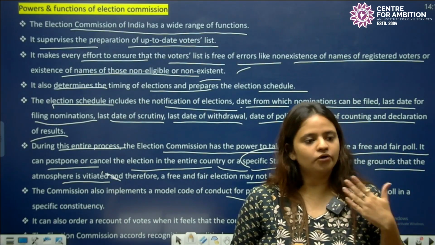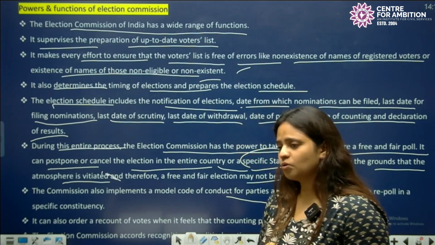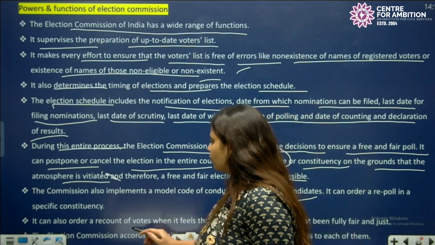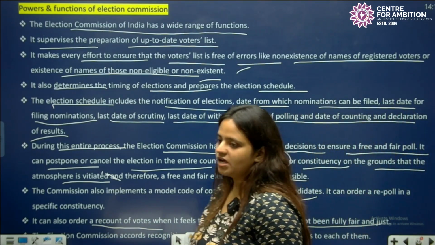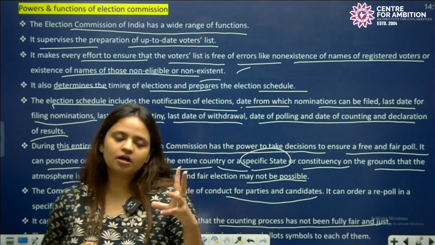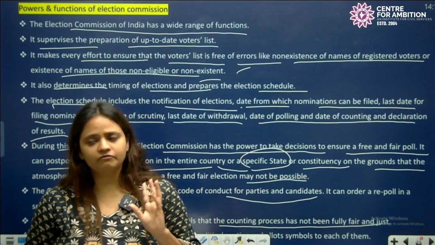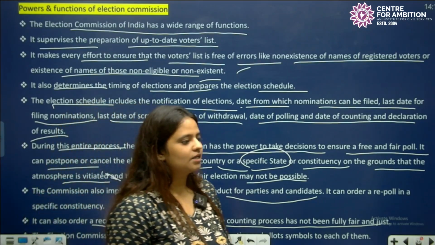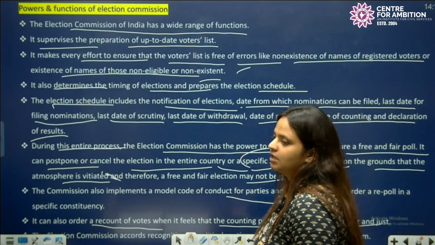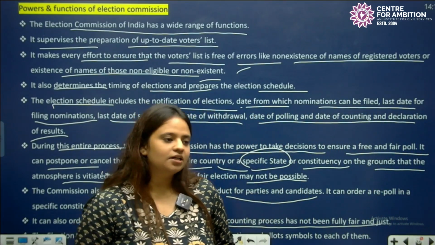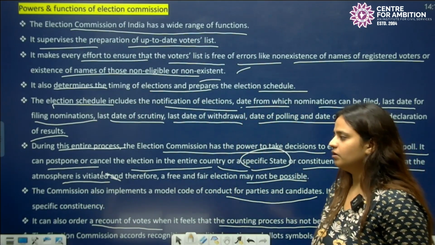It can also order a recount of the votes when it feels the counting process has not been fully fair and just. So if the Election Commission sees that there is interference in the counting of the votes, or misconduct in the election procedure, then it can order a repoll, and it can order a recount of the votes as well.